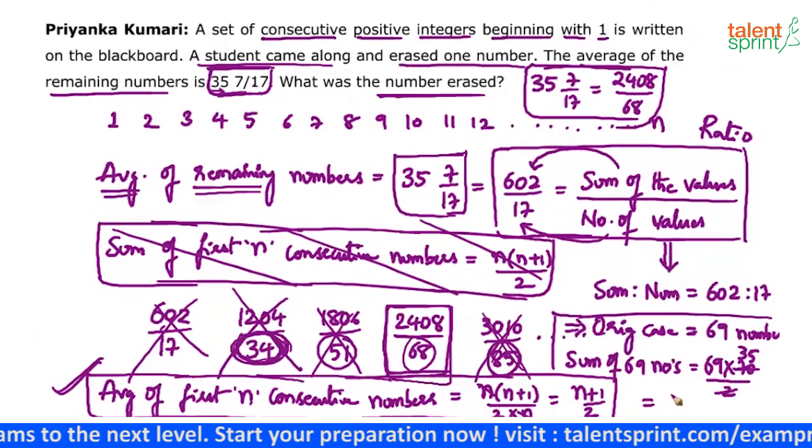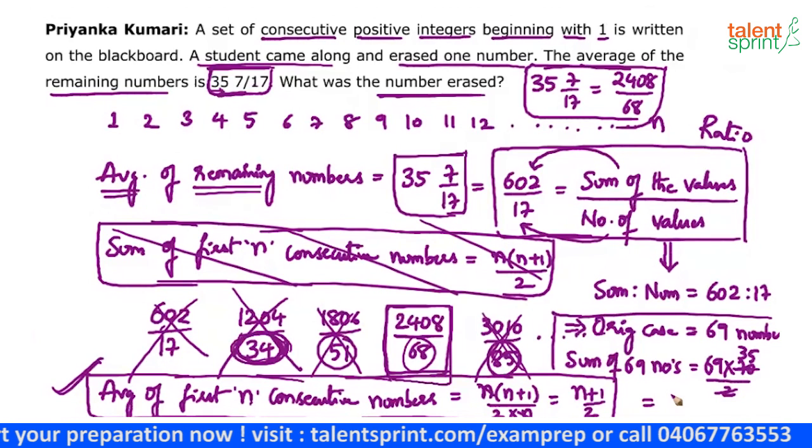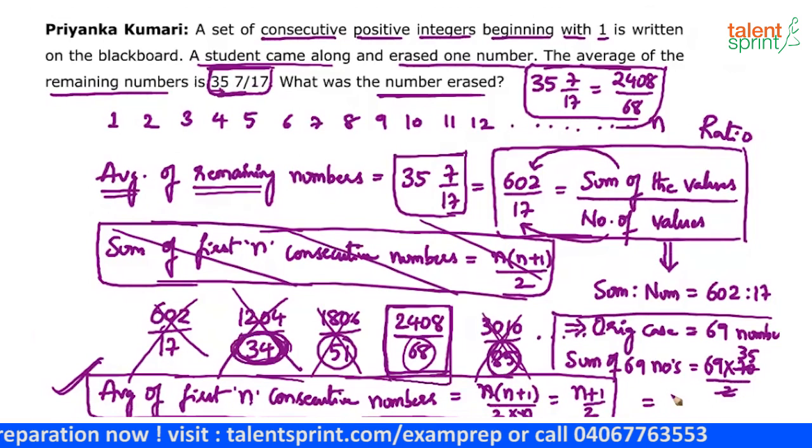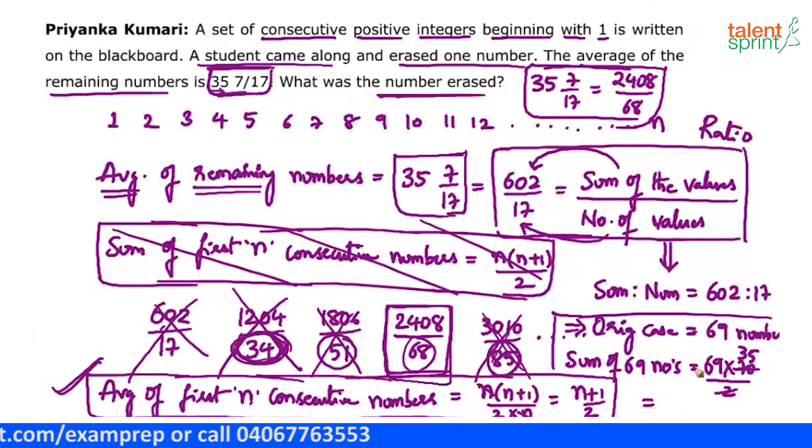That's like 35 squared, right? 1225 into 2, which is 2450. 2450 minus 35 is 2415. So 69 into 35 comes out to be 2415. That's it. So now I've got the answer.